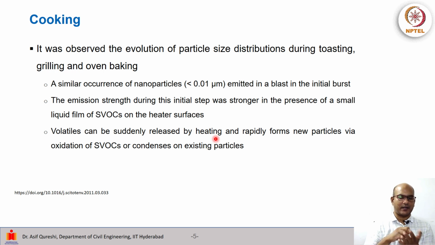The volatile fraction will suddenly vaporize, and then rapidly form new particles via oxidation or by condensing on existing particles. So they will immediately form new secondary organic aerosols, or they will condense onto existing particles. So there was an immediate initial burst in the number of such particles.